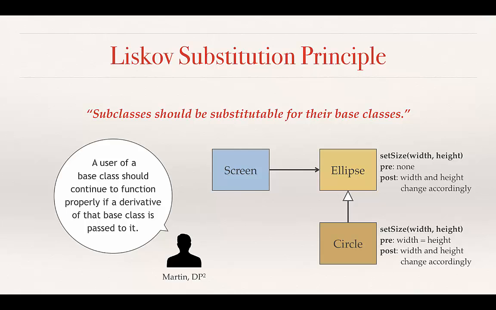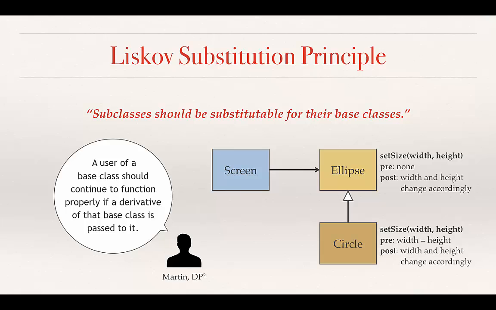There is no precondition for set size, and based on the postcondition, after the call, the ellipse will have a width of 640 and a height of 480. Now suppose that circle is a subclass of ellipse. Circle has a quite reasonable precondition for set size. It says that the width must equal the height. After all, if they were not equal and they changed accordingly, we wouldn't have a circle after the call.